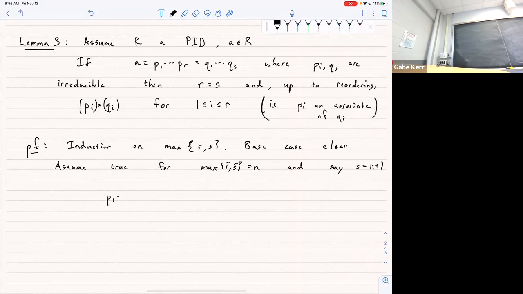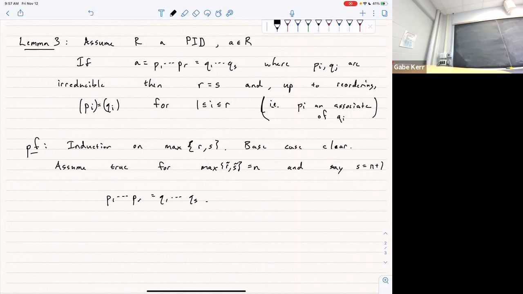All right, so we have P1 through PR is equal to Q1 through QS. What do we do? If it's an induction proof, like any induction proof, what you want to do is take your n+1 case and reduce down.